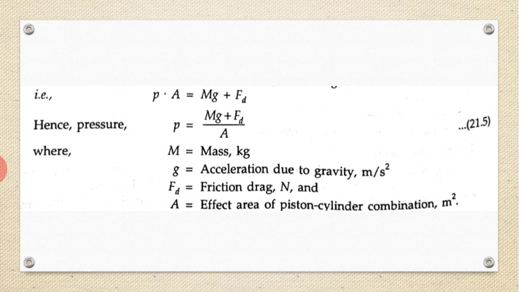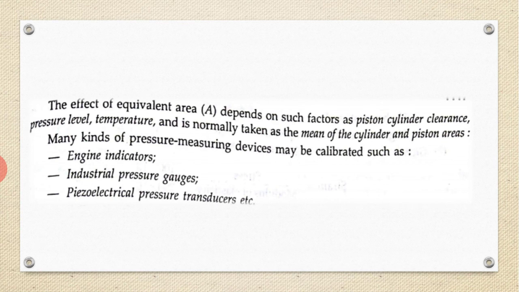Pressure P is equal to (M g plus Fd) divided by A, where M is the mass in kg, g is the acceleration due to gravity in meters per second squared, Fd is the friction drag, and A is the effective area of the piston cylinder. With this we come to know the pressure.